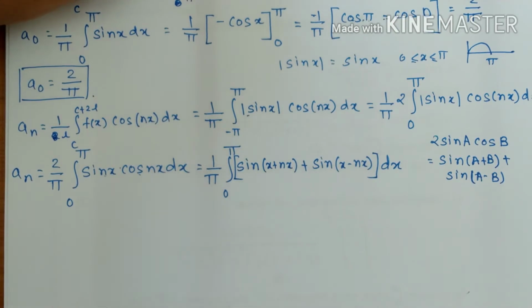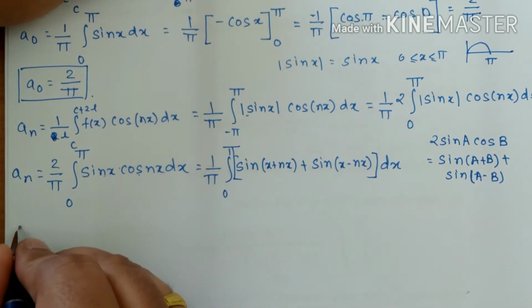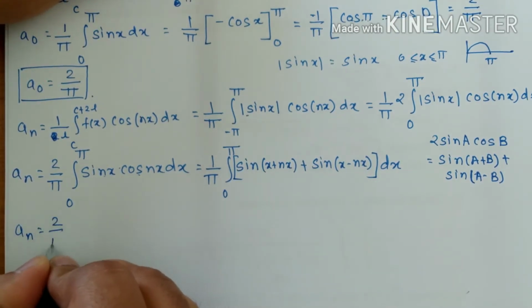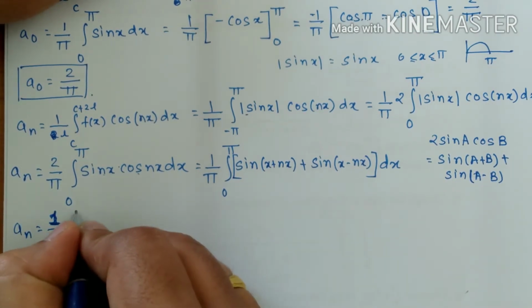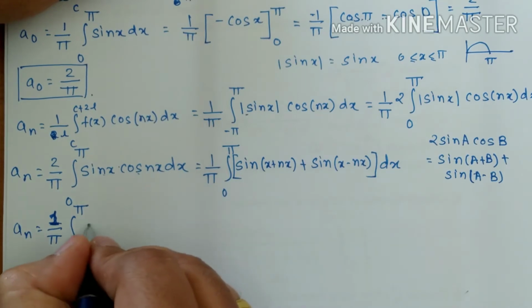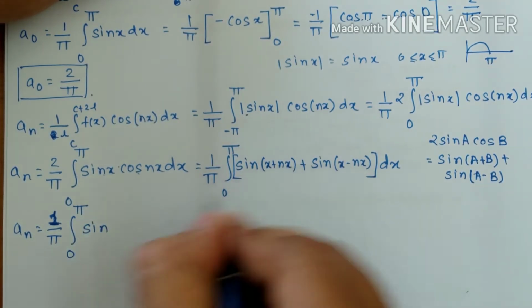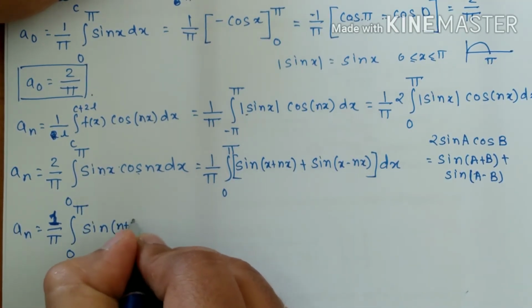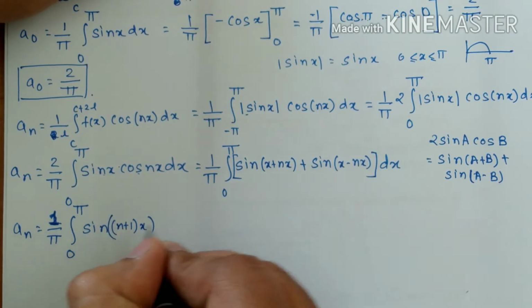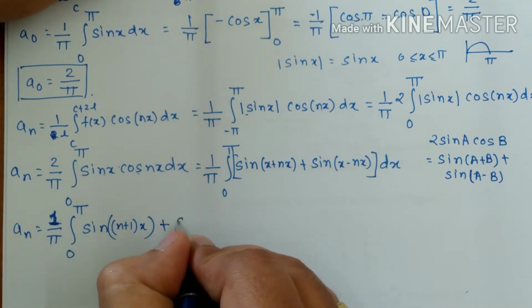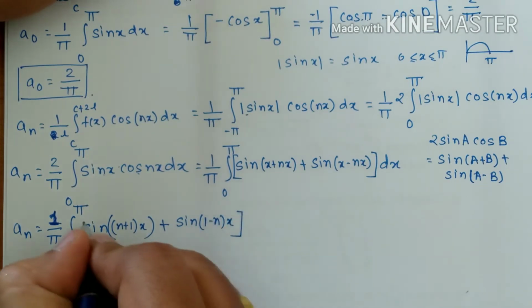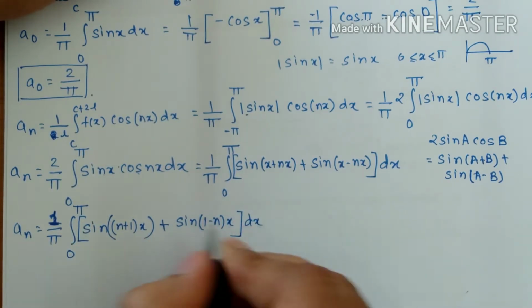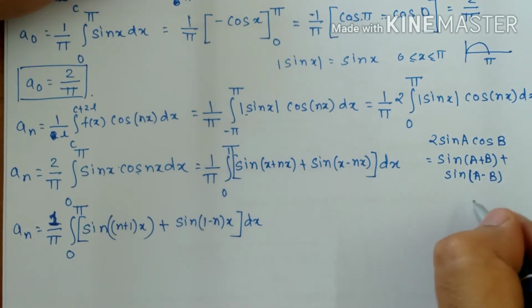Now, sorry, not 2, here I am just taking 1 upon pi integration from 0 to pi. This is sin of, I am taking x common and rearranging the terms, we get sin of n plus 1 x plus sin of 1 minus n x dx.